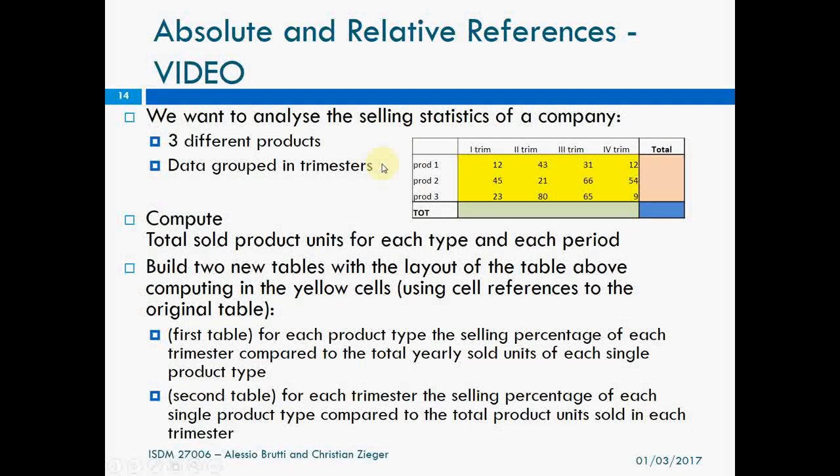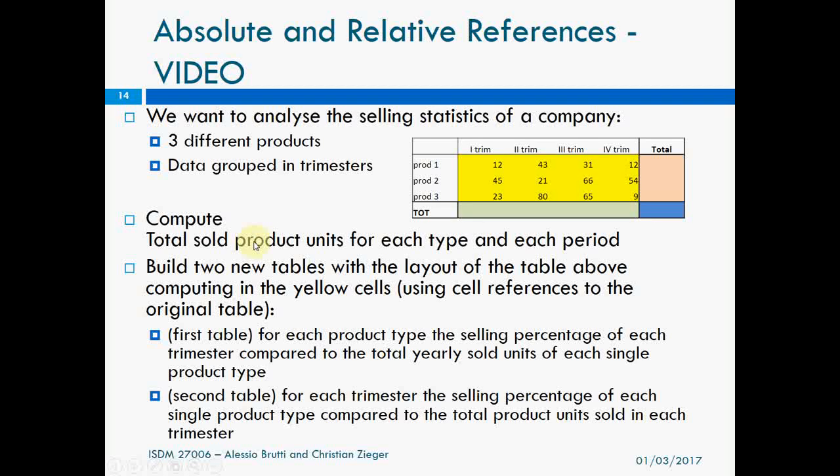This company produces three different product types: product 1, product 2, and product 3. Then we have the number of units that this company has sold for each trimester. We have the first trimester, second trimester, third trimester, and fourth trimester.